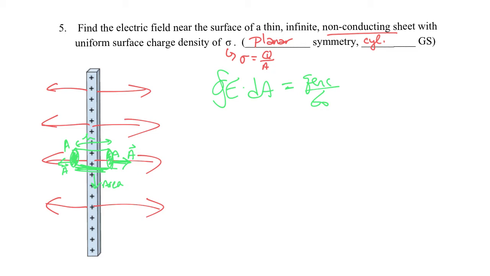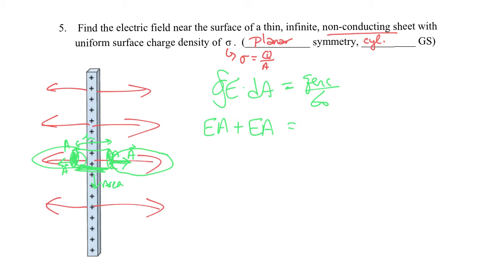So that's going to be real useful because the flux through the area on the right is going to be EA, and the flux from the area on the left is going to also be EA. They both have the same sign. Your E and your A are in the same direction for both situations, right? So E dot A, and then your E dot A.